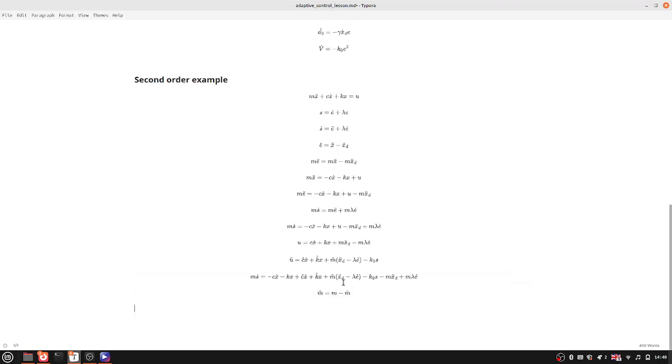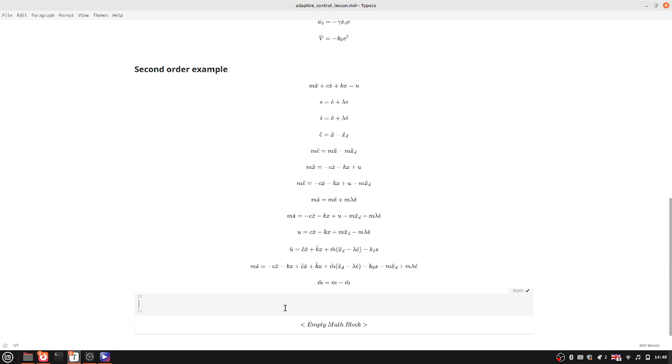So if we look at our M terms, we could first of all group this M times XD double dot plus lambda E dot. Although switch the sign because it's minus here, so it's going to be plus M XD double dot minus lambda E dot, which is exactly what we have here. And ultimately we can go through and cancel it all out.